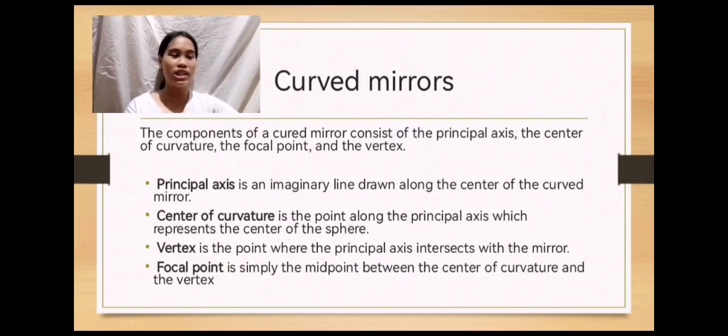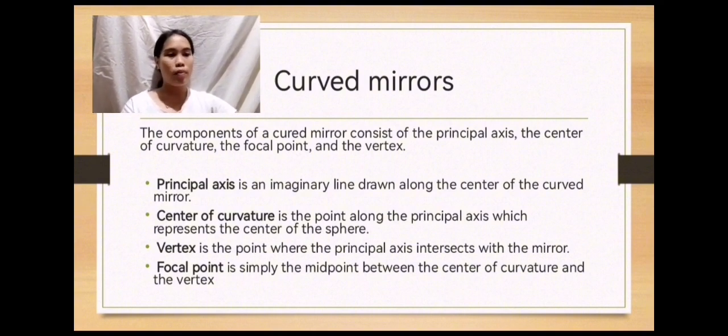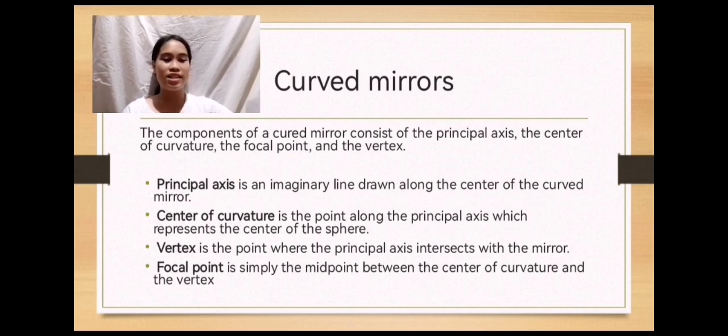So, the components of a curved mirror consist of a principal axis, the center of curvature, the focal point and the vertex. The principal axis is an imaginary line drawn along the center of the curved mirror. And next is the center of curvature.